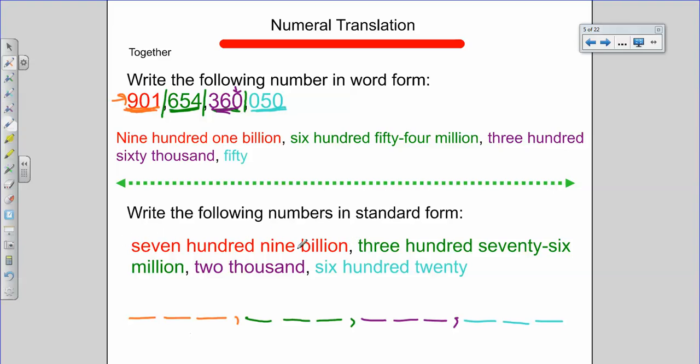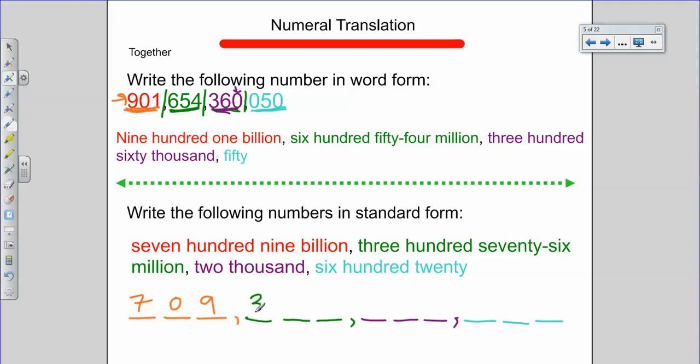So now I'm only going to look at my billions. 709 billion. So how do I write 709? 709. Now I'm only looking in my millions. So how many millions do I have? I have 376.